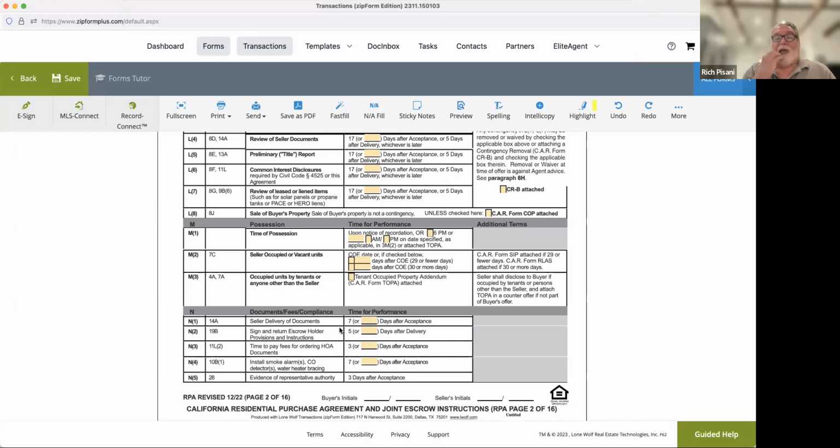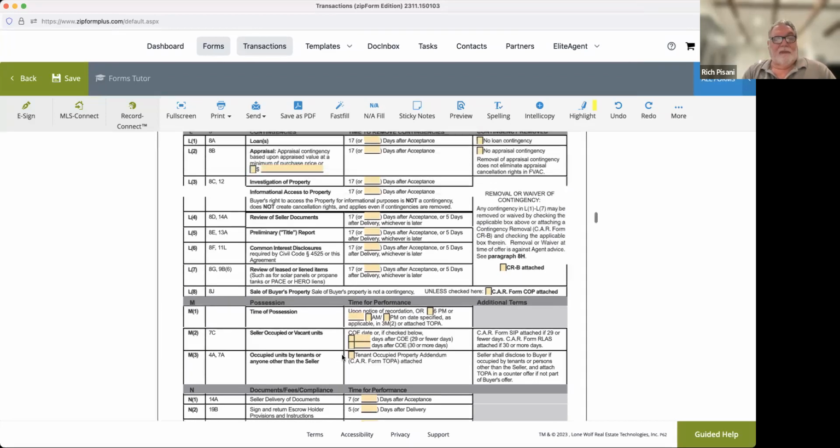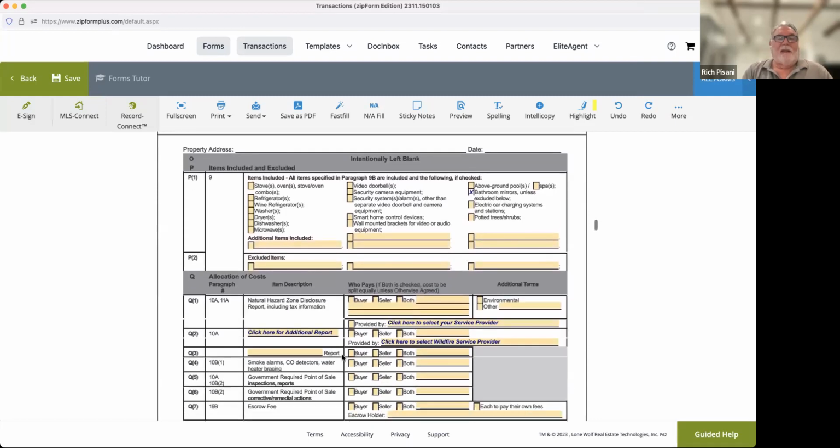So they'll take care of that. The second page, any questions on page 2 of 16? Not hearing any. Okay. Next. What items are included? Check all the boxes that are included.